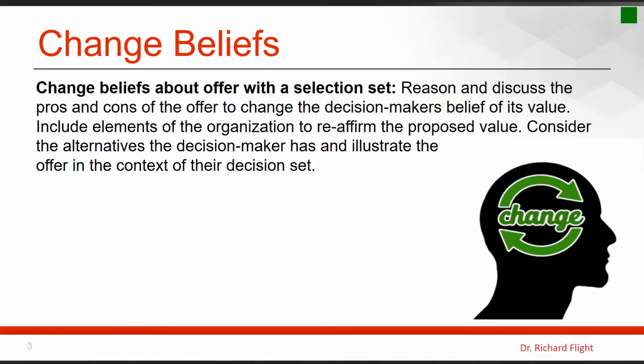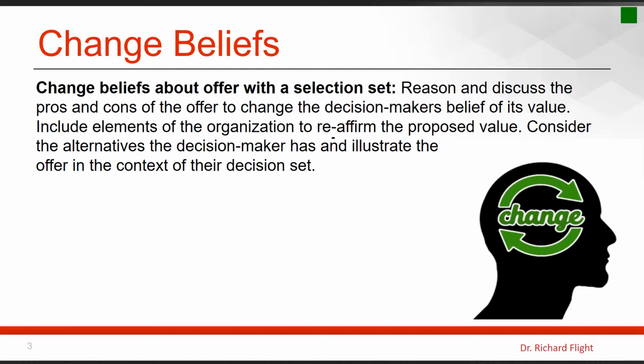So it may be that a consumer or a client has a preconceived notion of our offer and what we want them to do and what they think they're going to get and so on. So what we need to do is confirm the positive benefits, and we need to be clear about the costs, but make sure that those costs are perceived to be less than the benefits that the consumer is going to receive.